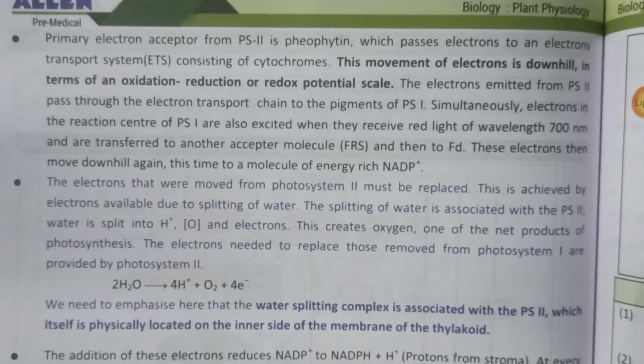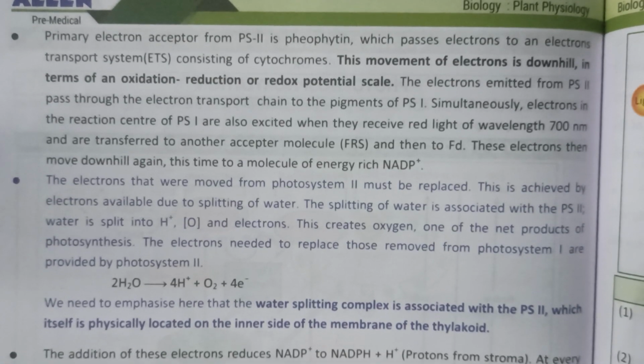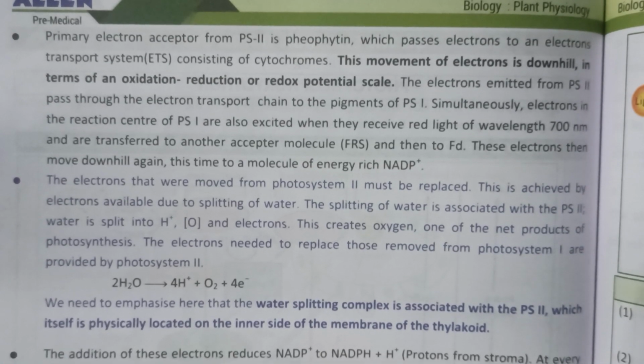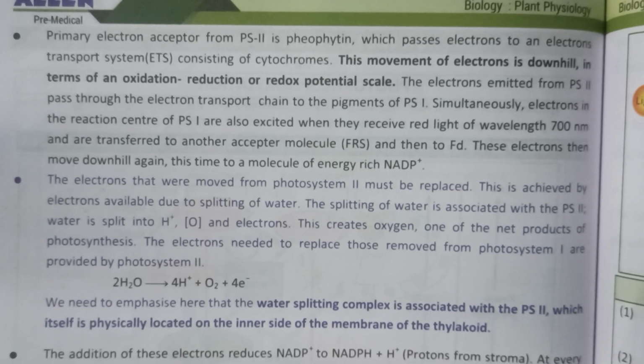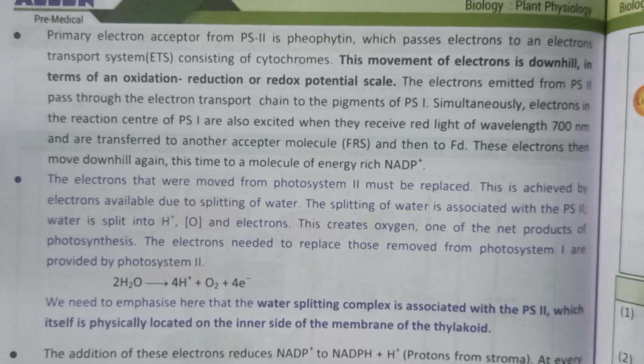This movement of electrons is downhill in terms of an oxidation reduction, or redox scale. The electrons emitted from photosystem 2 pass through the electron transport chain to the pigments of photosystem 1.